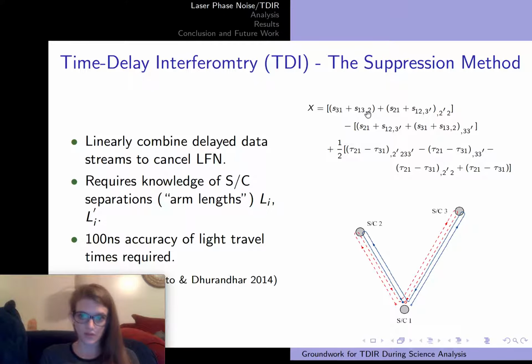So these external delays that we do are any of these numbers that you see succeeding a comma. So these numbers need to be accurate to what the actual delays in the data are, and it needs to be accurate down to about 100 nanoseconds in order to suppress the laser frequency noise below the secondary noises.